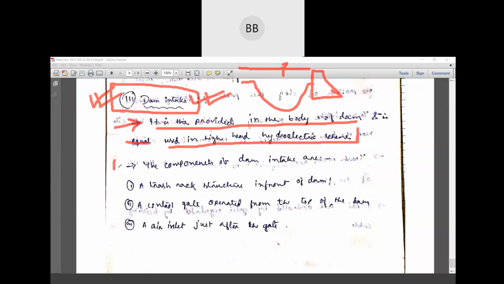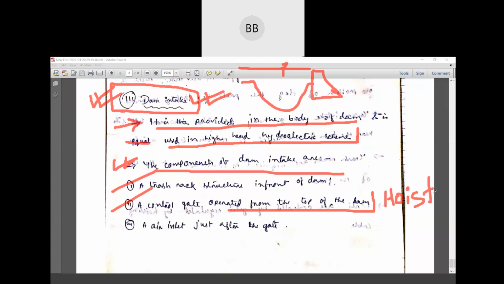And then the components of dam intake are: we have a trash rack, and a control gate operated from the top of the dam by using a hoisting cable. You can write it down.